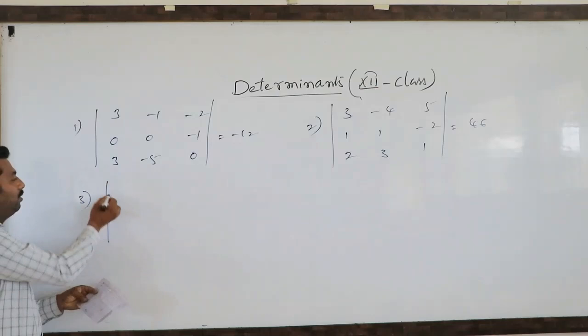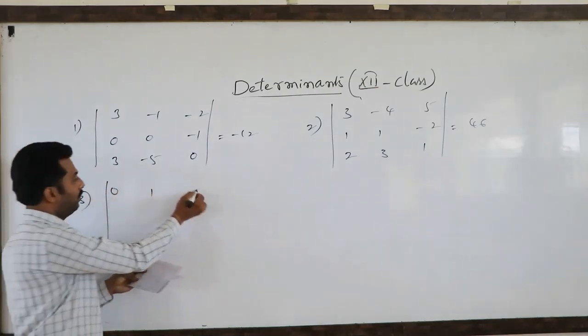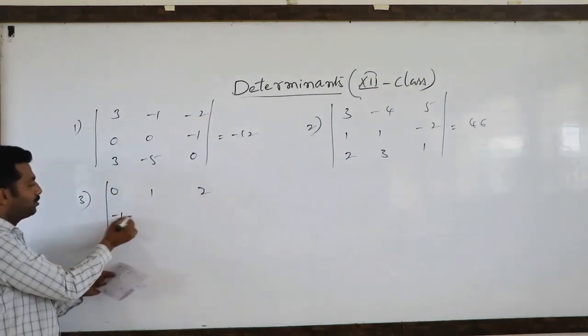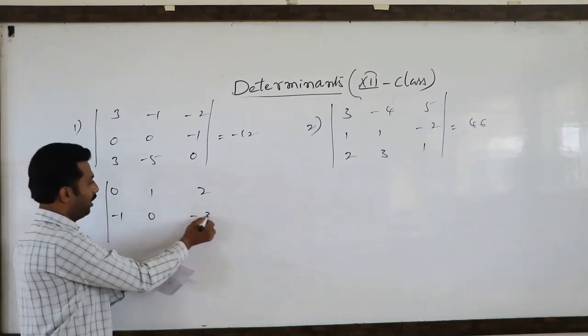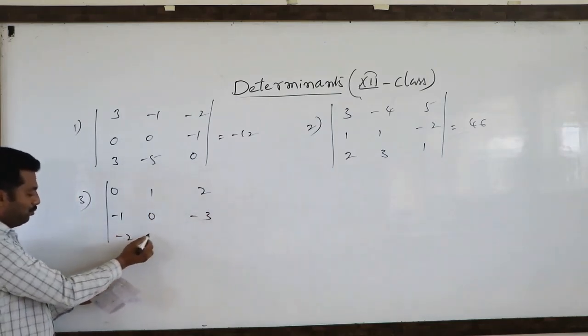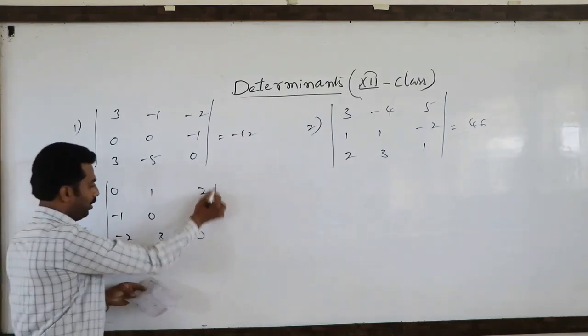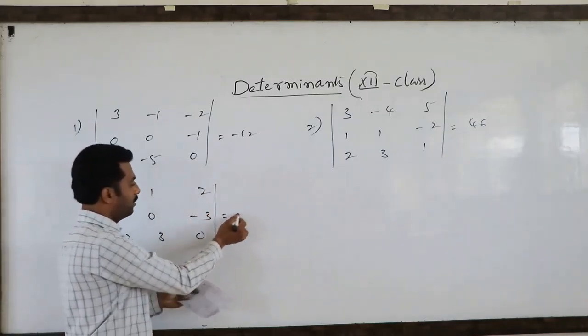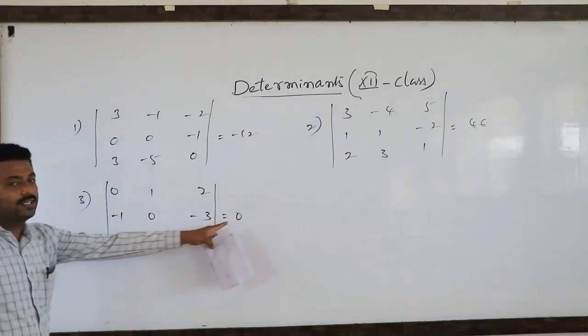Next, determinant of 0 1 2, minus 1 0 minus 3, minus 2 3 0. So this answer is 0 only. These are the answers I am writing.